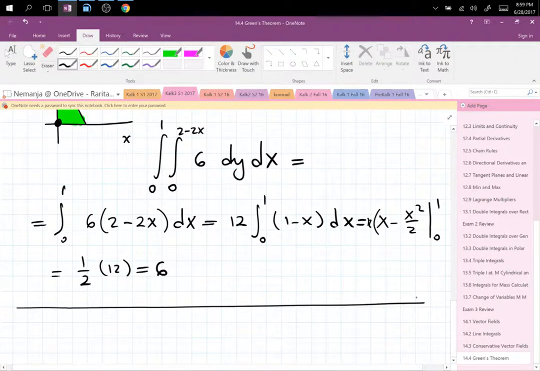So the next part is going to be the flux version, and the flux version will involve divergence.